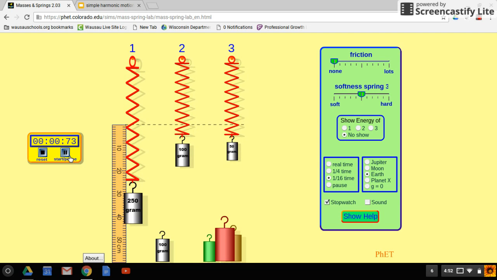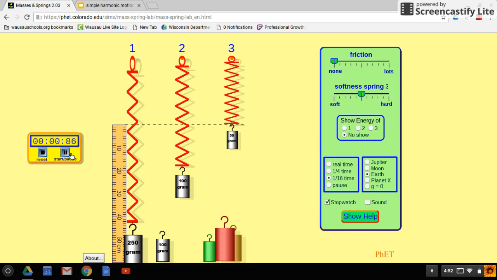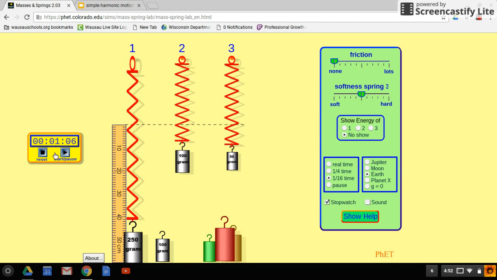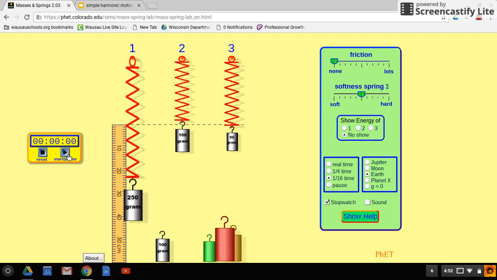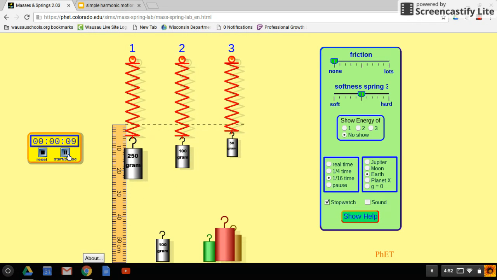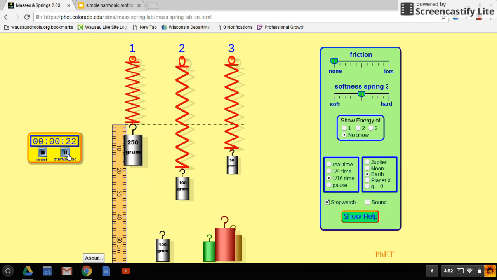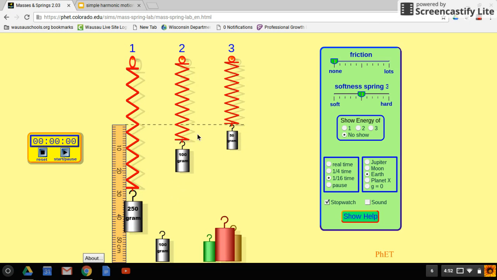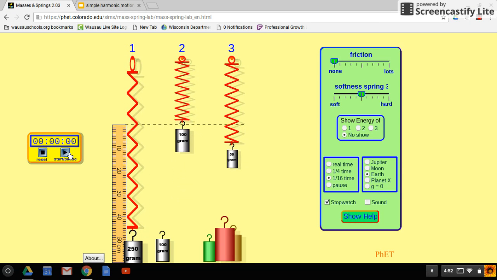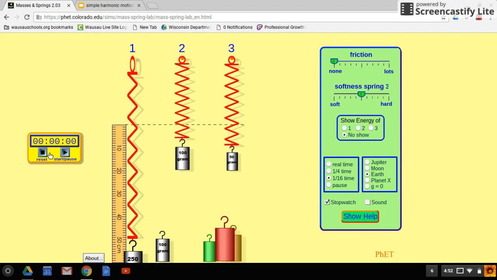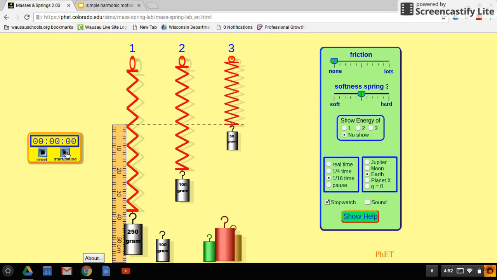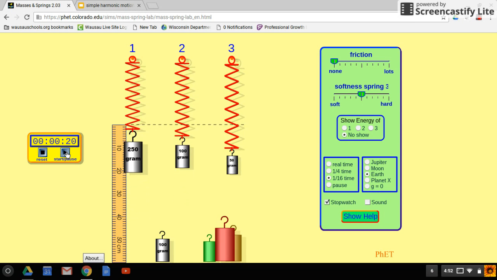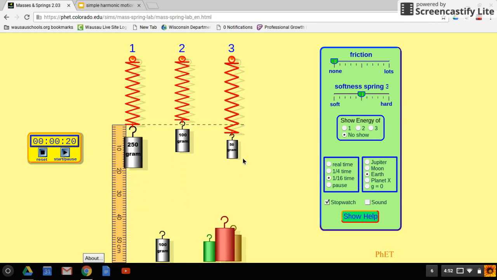For the 100 gram one, we'll reset it, boom, and it looks like about 0.3 seconds, and for the 50 gram we could expect probably half of that. About 0.2. Yeah, it's pretty close.